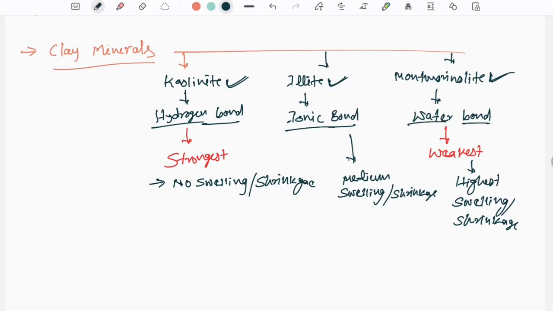So the highest swelling may occur in montmorillonite clay mineral, highest swelling and shrinkage property. Illite has medium swelling and shrinkage property, and kaolinite has no swelling and shrinkage property, so strongest.